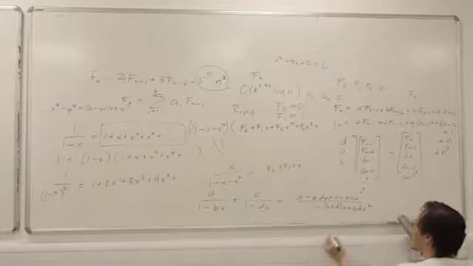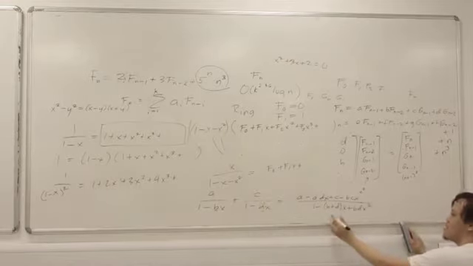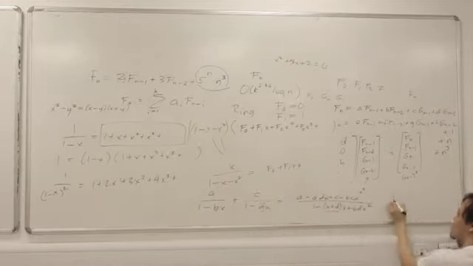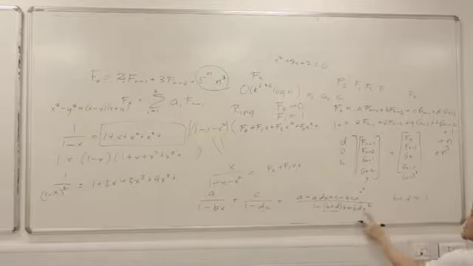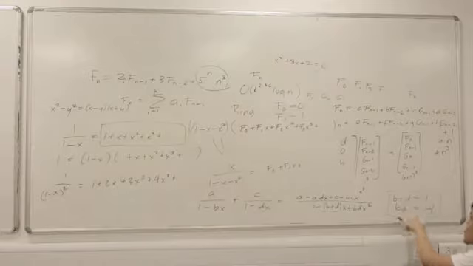Okay? So we want this to be the same as this. It means that B plus D must equal 1 and BD must equal minus 1. So you have this, you can easily solve this using the quadratic formula.